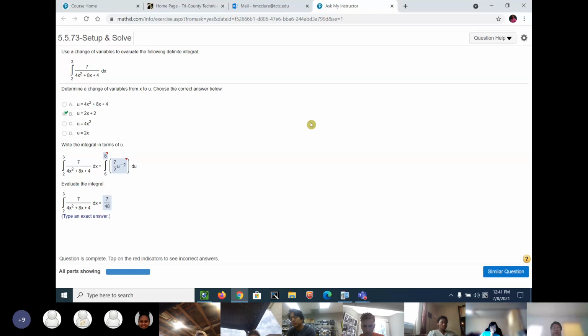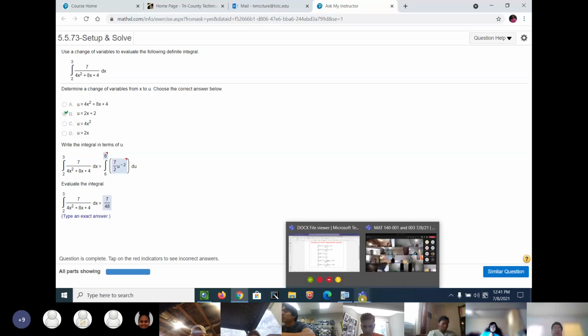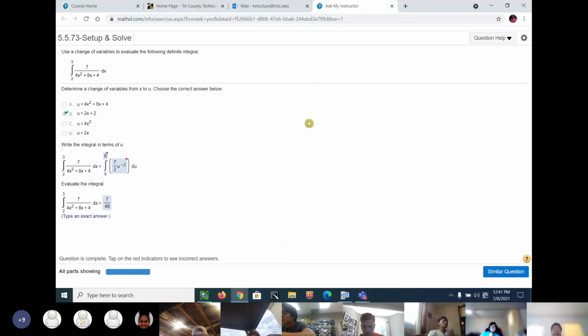I think that's supposed to be a 4 on top. Because I've tried to do this problem and I can't get it to come out right with the way they're doing it. But I'll go ahead and show you how you're supposed to do it, but I can't get their answer. So there's the question.